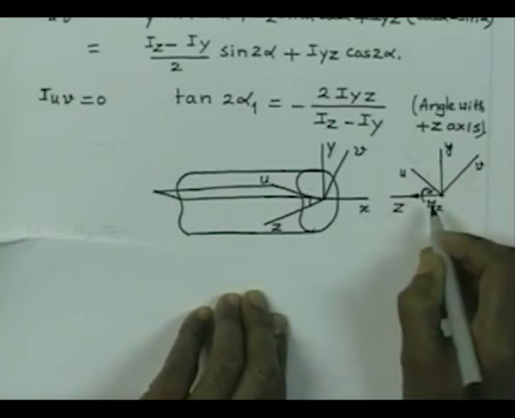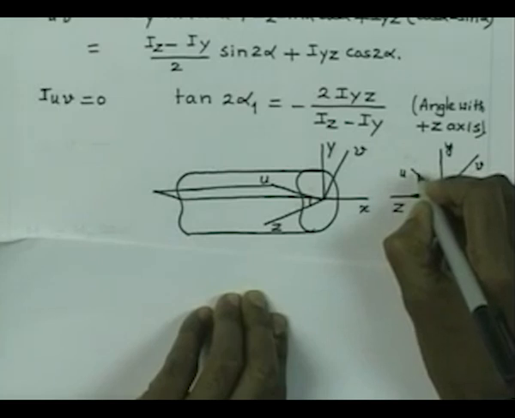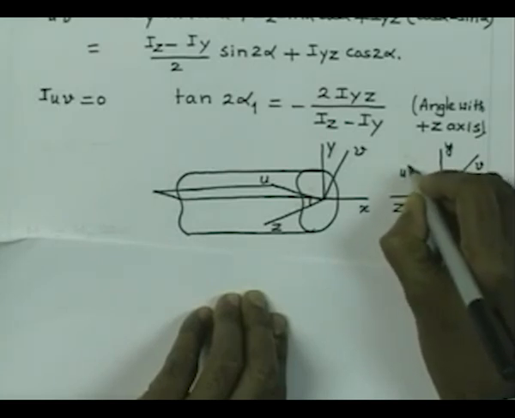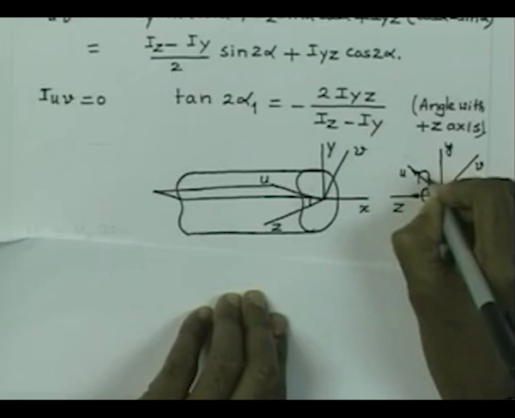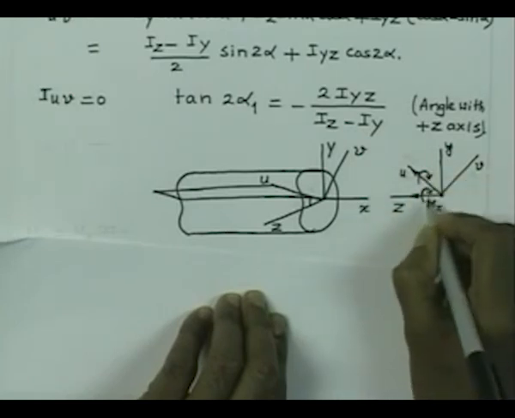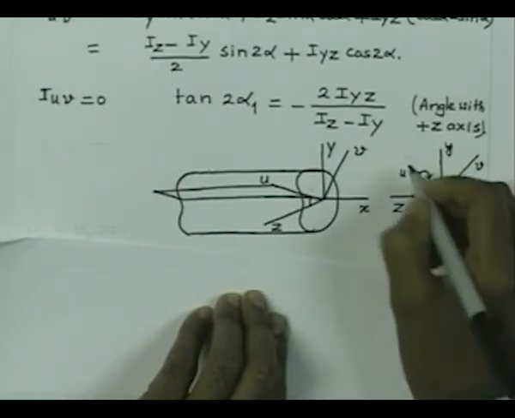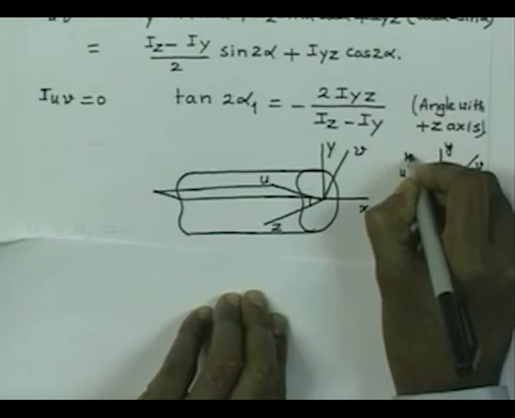Now, this moment vector can be resolved into two components without any difficulty. Along this direction, that will be nothing but Mz cos alpha, which gives you the value of Mu.